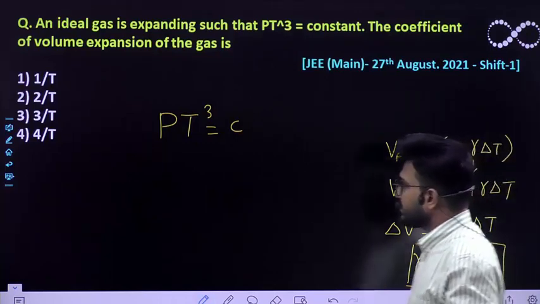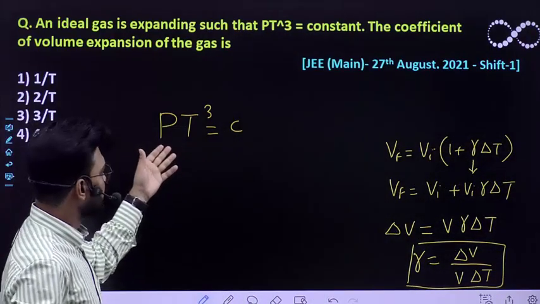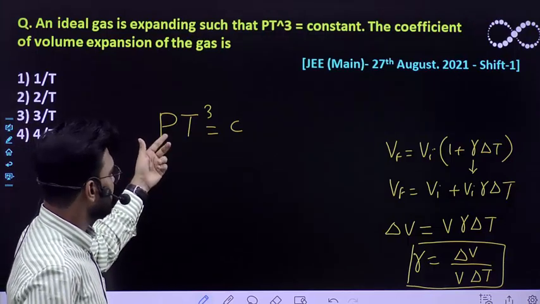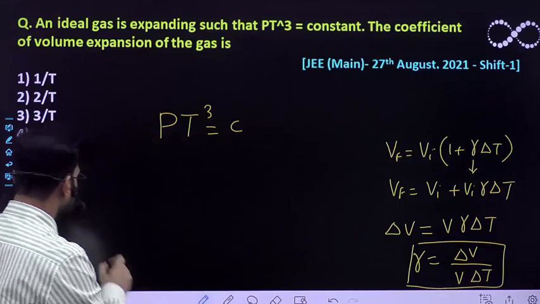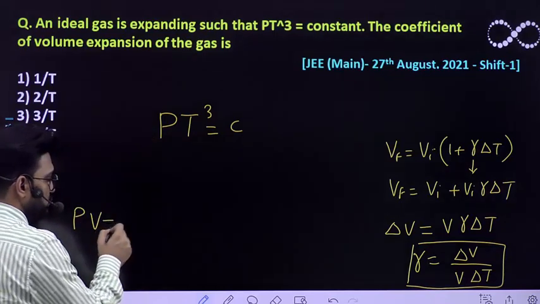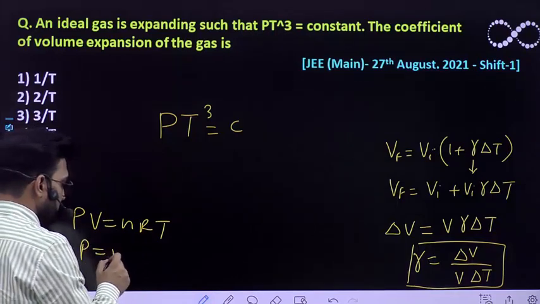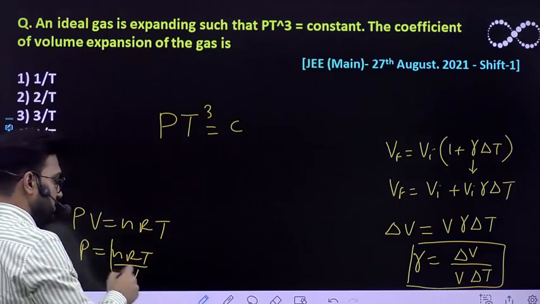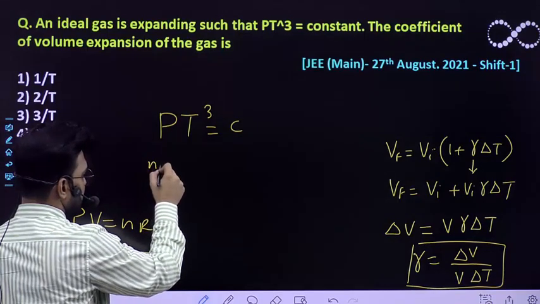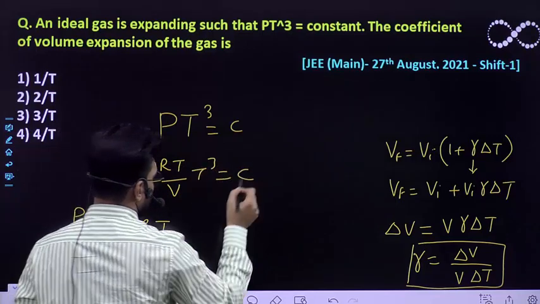Now the equation for the gas has been given to you, so you have to eliminate the pressure term from this expression. We also know that the ideal gas equation is given by PV is equal to nRT, and P would be equivalent to nRT by V. Putting the value of pressure in this expression, you will get nRT by V into T cube is equal to C, constant.